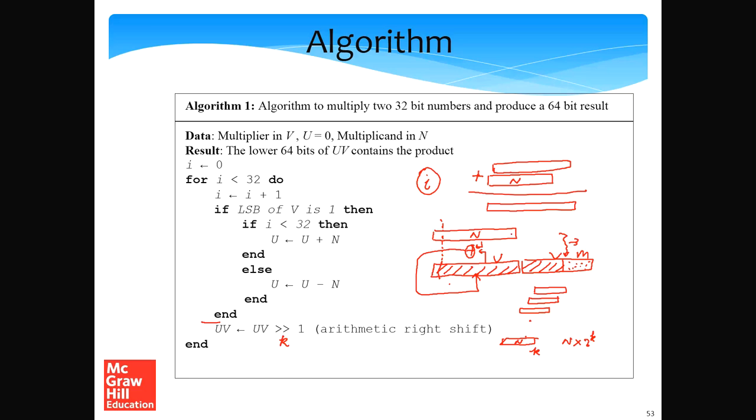So the multiplicand here will first appear to be left shifted by k steps. In the subsequent step, once this boundary moves one step to the right, the new multiplicand will look like it is shifted by k plus 1 steps to the left, and so on.